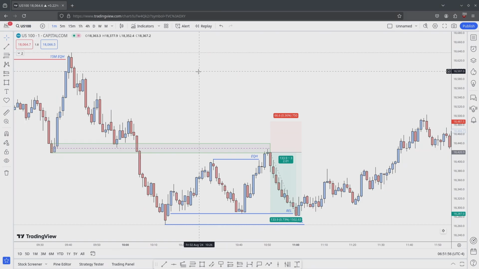Everybody's been watching them on the charts and having them on there, but nobody's specifically had that criteria where price has to tap that consequent encroachment or that mean threshold for you to get a valid entry point.